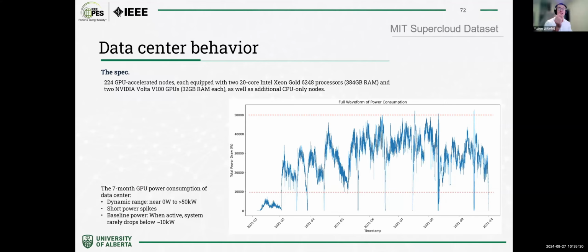Exactly. They measure this using the NVIDIA SMI command, which extracts information from the motherboard of the GPU, so it is NVIDIA-defined GPU power consumption.